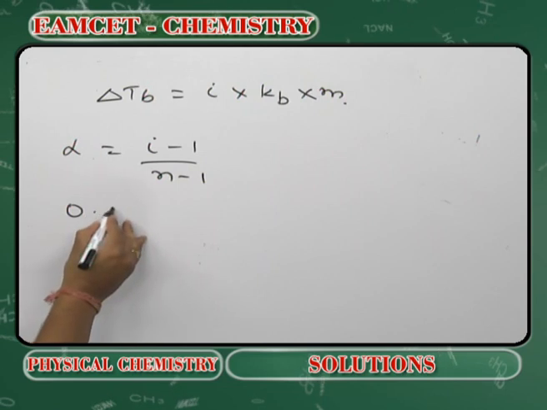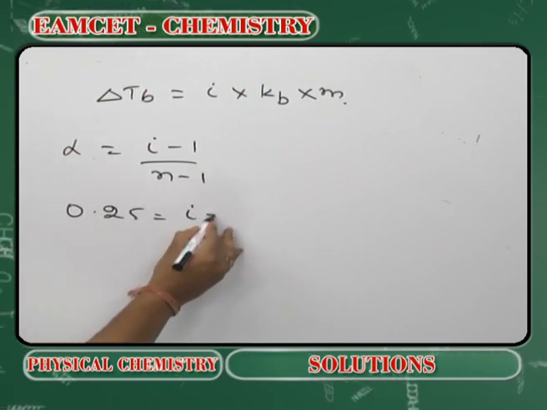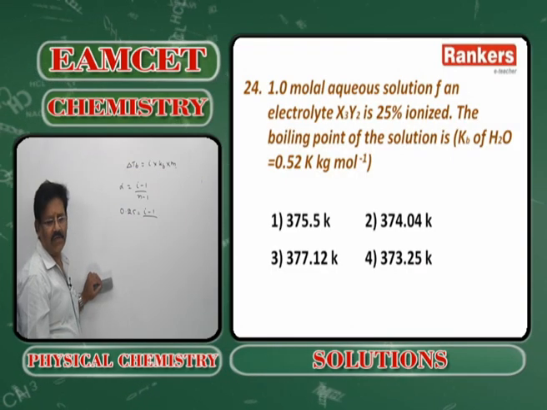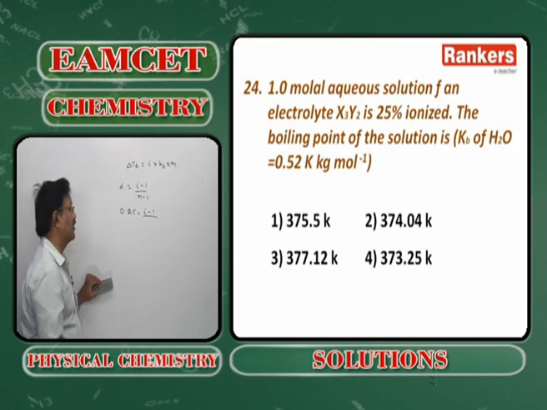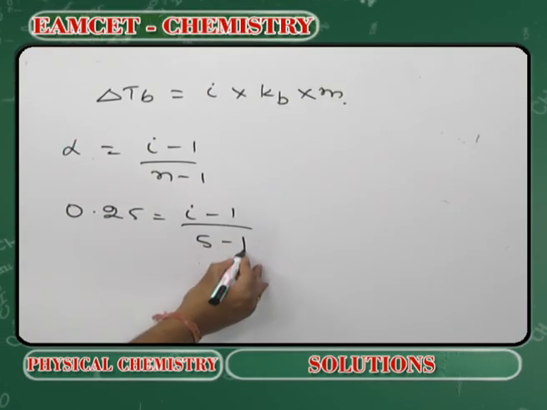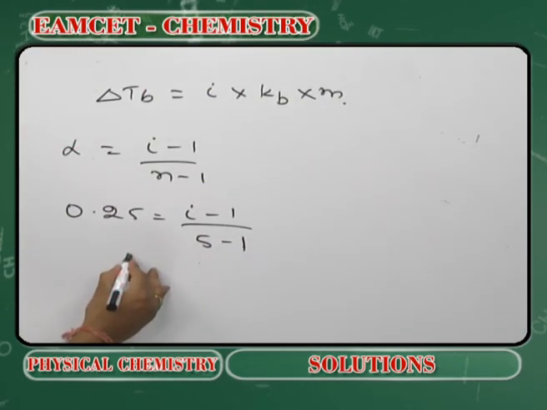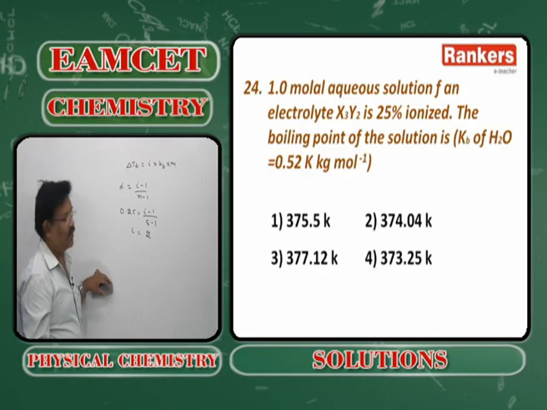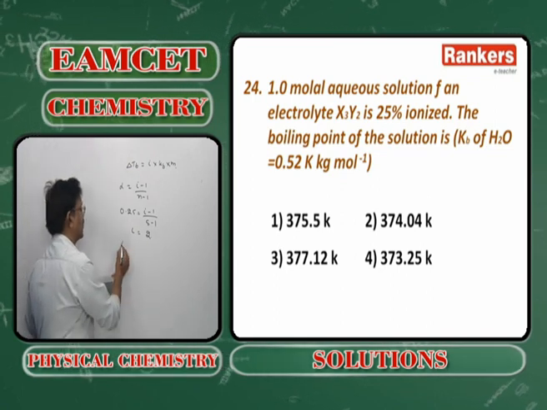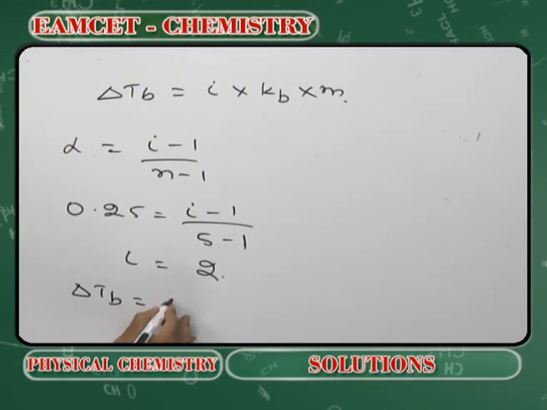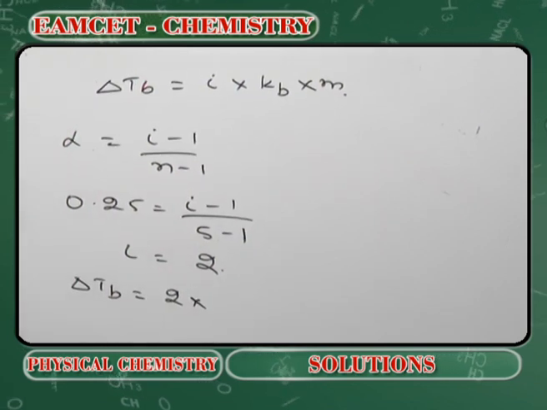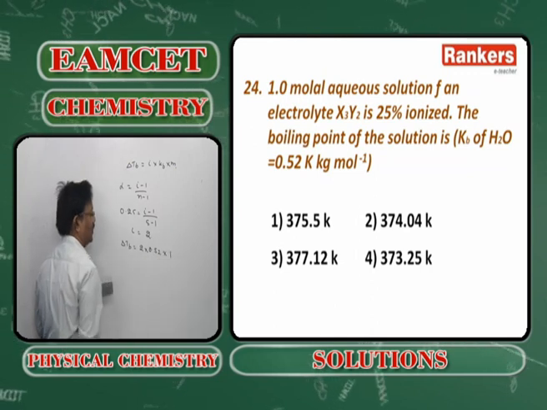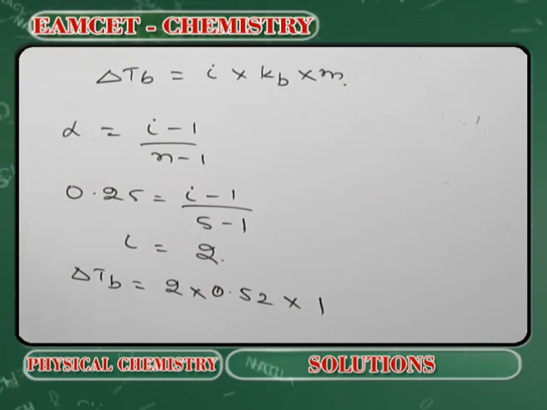Alpha is 0.25. When X3 is dissolved in water, we get 5 moles of ions, so the n value is 5. So the i value is 2. Now delta TB is 2 into 0.52 into 1, it is 1.04.